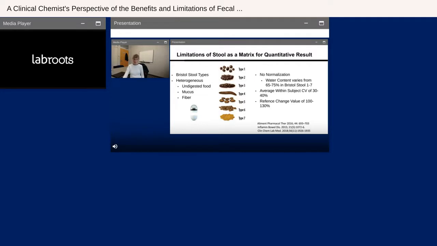So if a patient submits a stool sample with 50 micrograms per gram, and later submits a second sample, you wouldn't consider the calprotectin result significantly different unless it was at least 100 micrograms per gram. You need to see a pretty big change to see that it's significantly different because of all this variability.